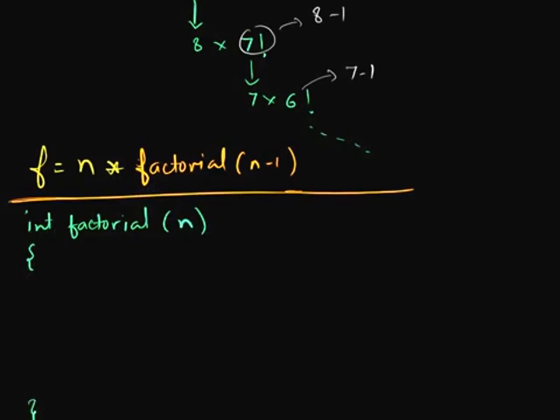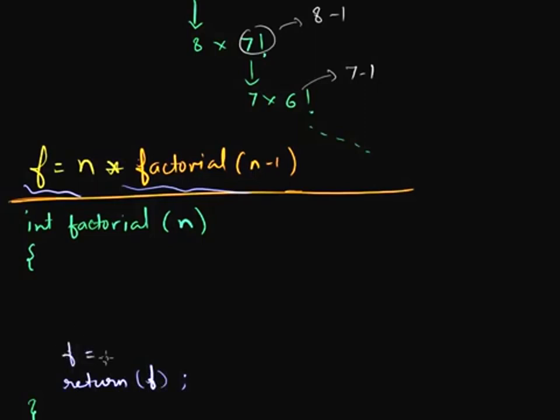Now what we have inside is the body of the function. We have this formula ready: f is equal to n into factorial of n minus 1. So first write the return statement. It will return the factorial f. Return f. And before it, we are calculating the factorial.